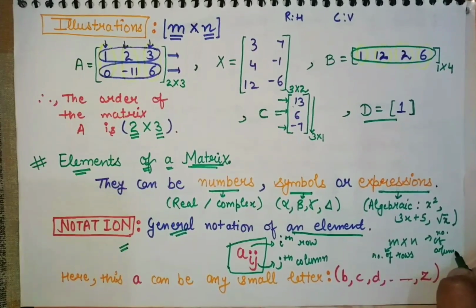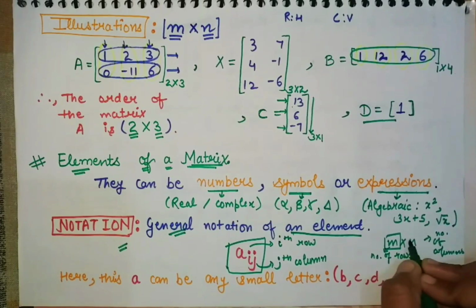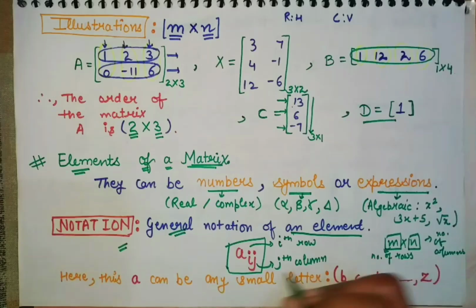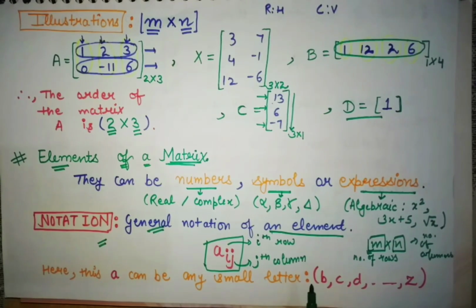So always remember that rows come first and columns come after. Here the same pattern is followed in the notation of an element Aij, where A can be any small letter such as b, c, d up to z or a.